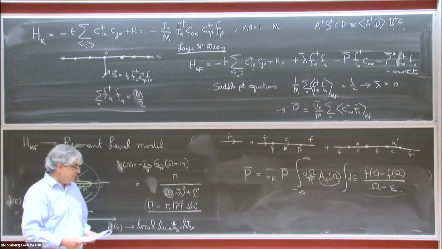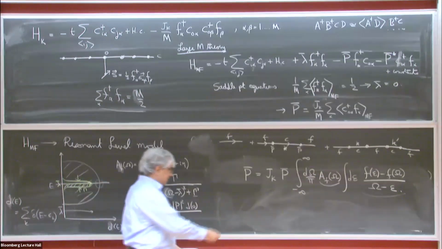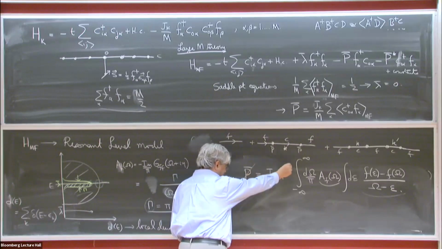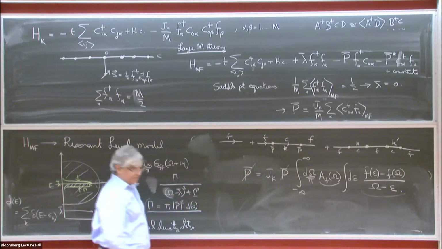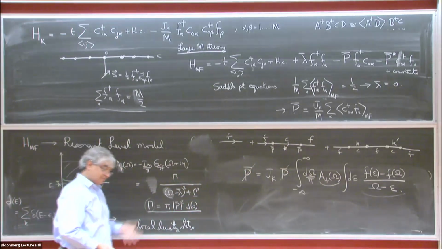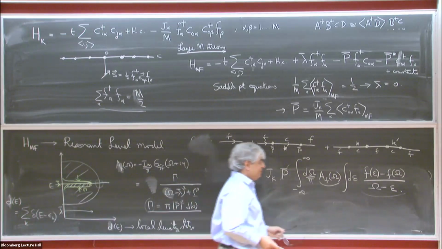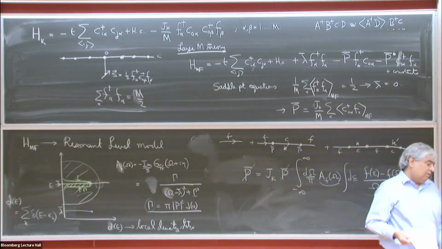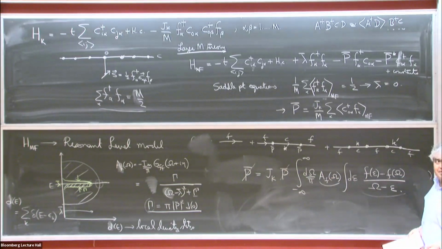So the first thing you can do is cancel this P bar on the left and right hand side. P bar equals 0 is always a solution, just like the gap equation of superconductivity. But that always turns out to be the high energy solution.